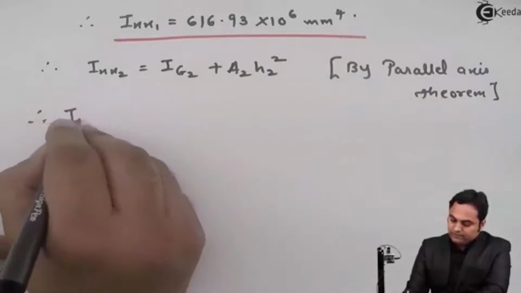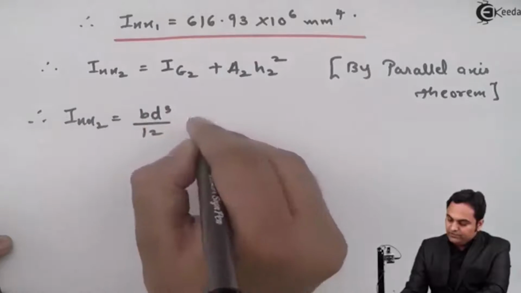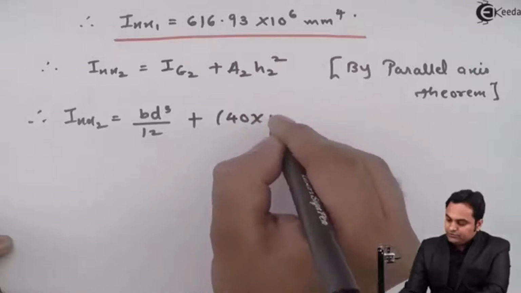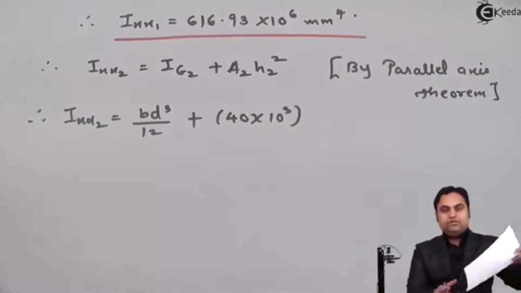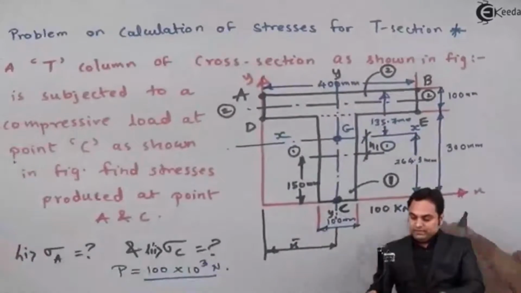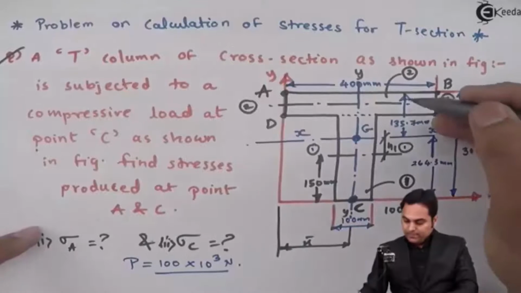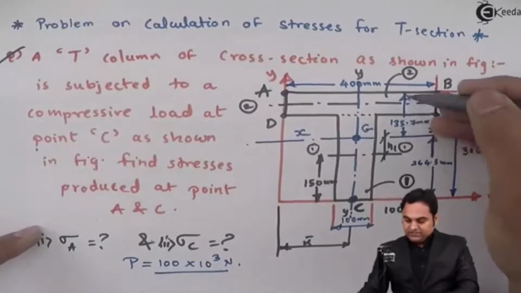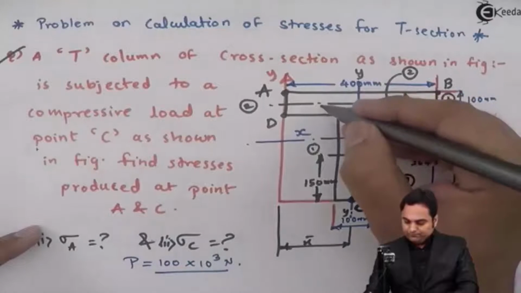So Ix2 is Ig2, BD cube by 12, area 2 is 40 into 10 raised to 3, and h2. Here we have the x-axis of rectangle 2 and the x-axis of the complete section is at 135.7 mm from top.